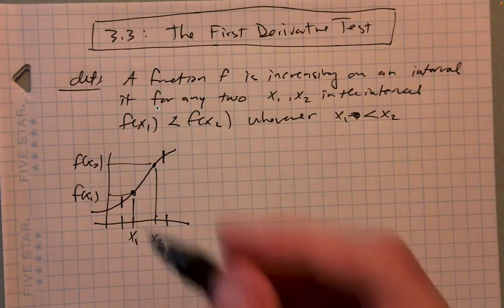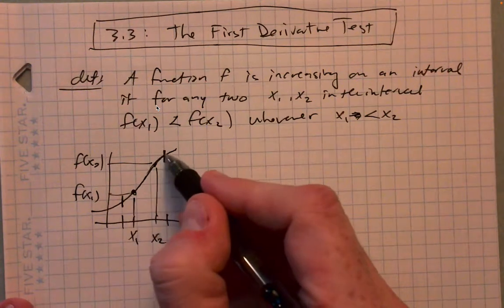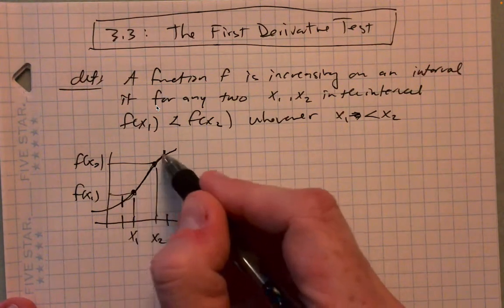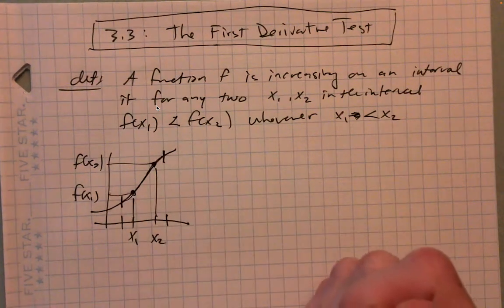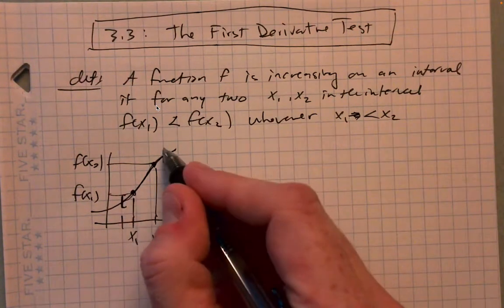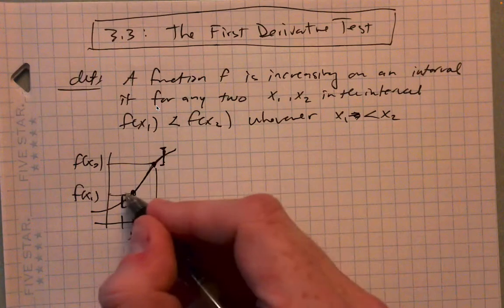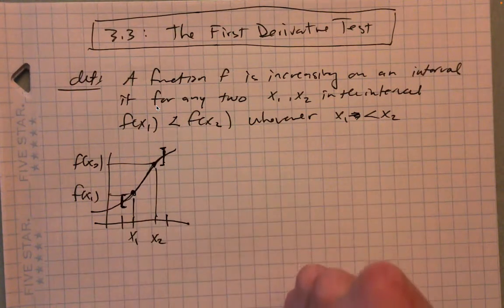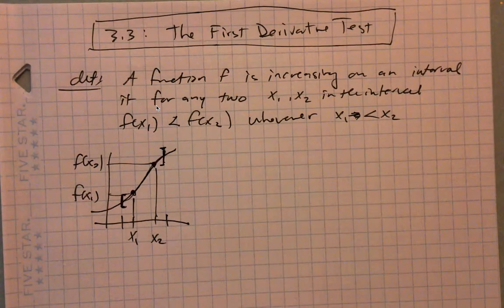On an interval where the function is strictly increasing, that's going to be true for all x's in there. Any 2 points that I pick in this range, if x1 is less than x2, then f of x1 is going to be less than f of x2. Okay, so that's the idea with increasing functions.